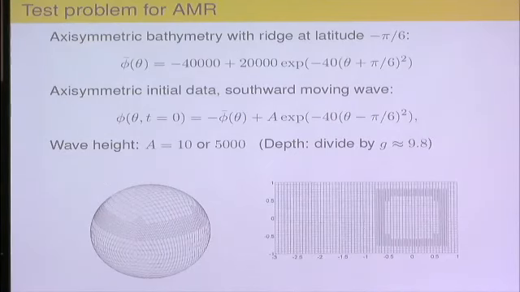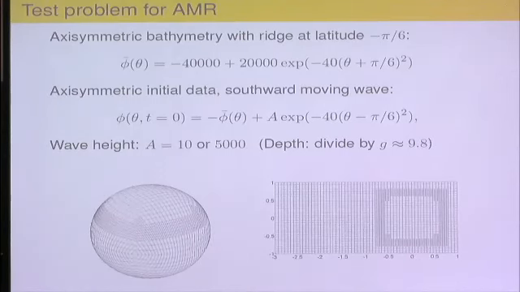So this was a test problem where we looked at a radially symmetric problem where we had a hump of water in the shallow water equations, with the refinement patches around it here. There was also some variation in the bottom topography that was also symmetric about the sphere, a ridge at minus pi/6 latitude.